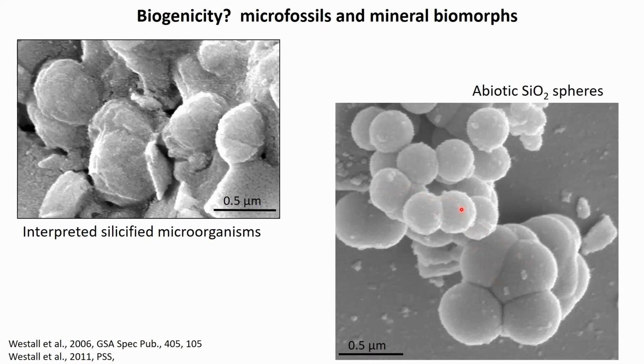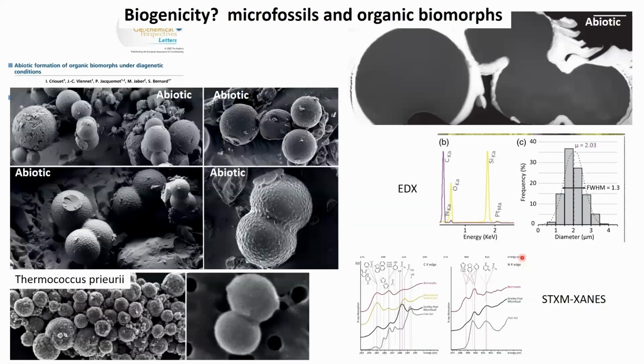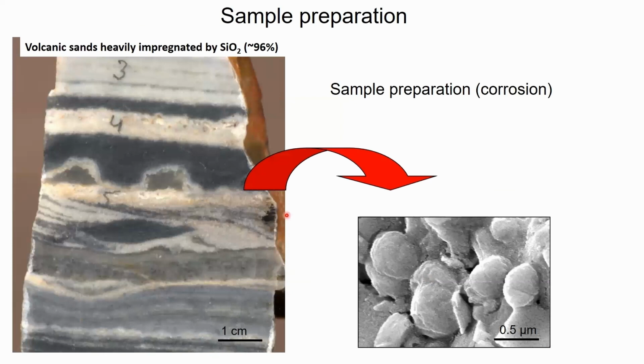You can see some examples of abiotic silica spheres here, or some kind of organic balls with this mineral coating, and these are from experiments showing similar cell division, etc. So the question remains, are they really biological or not?